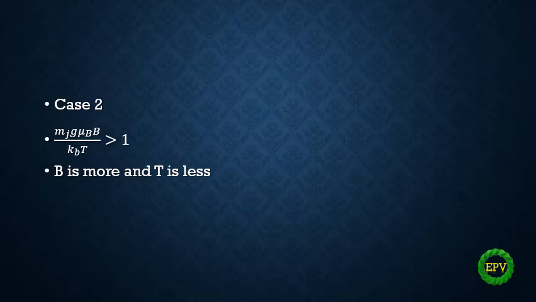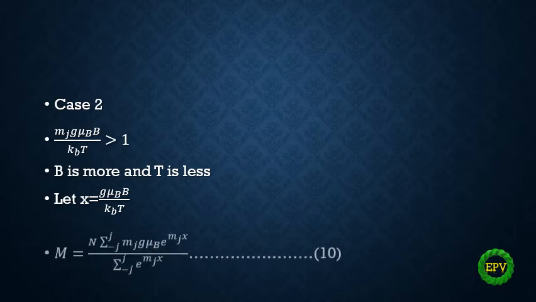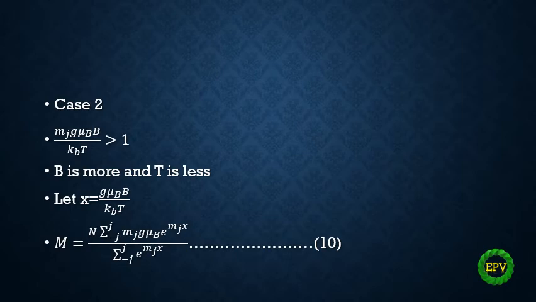We take x as g mu B B by kT. That is, in our equation, we replace g mu B B by kT as x. Okay, the equation will be arrived at as M is equal to N into summation over minus J to plus J of mj g mu B e raised to mjx divided by summation over minus J to J of e raised to mjx. Equation number 10.